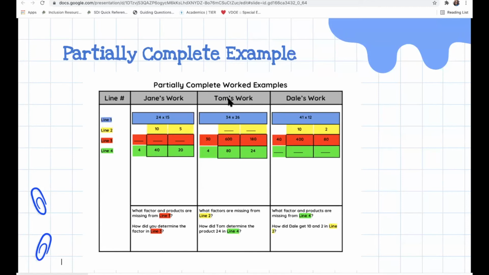The good thing is I can look at Jane's, and these are all completed and they're all correct examples. I'm just filling in, and you'll notice the questions are what factors and products are missing in line 3. And so the student would go back again and look at the factors and the products that are missing and what they need to do.